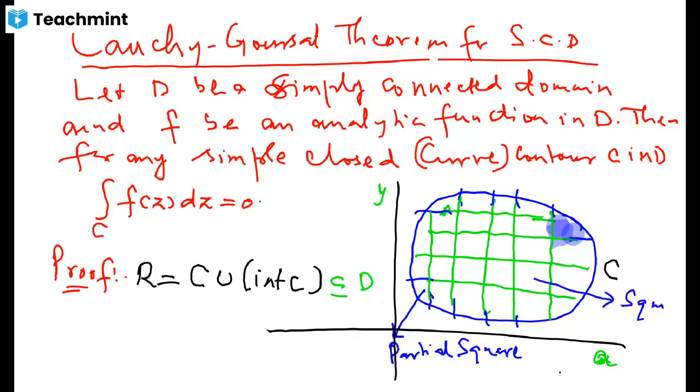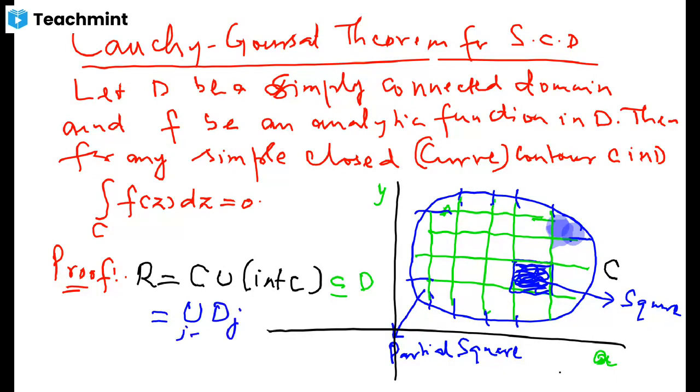When I say it's a square, it must be clear that it is a square: the lines of this figure and including the interior part of it. So in this way we are going to divide this region into a finite number of square or partial square regions.